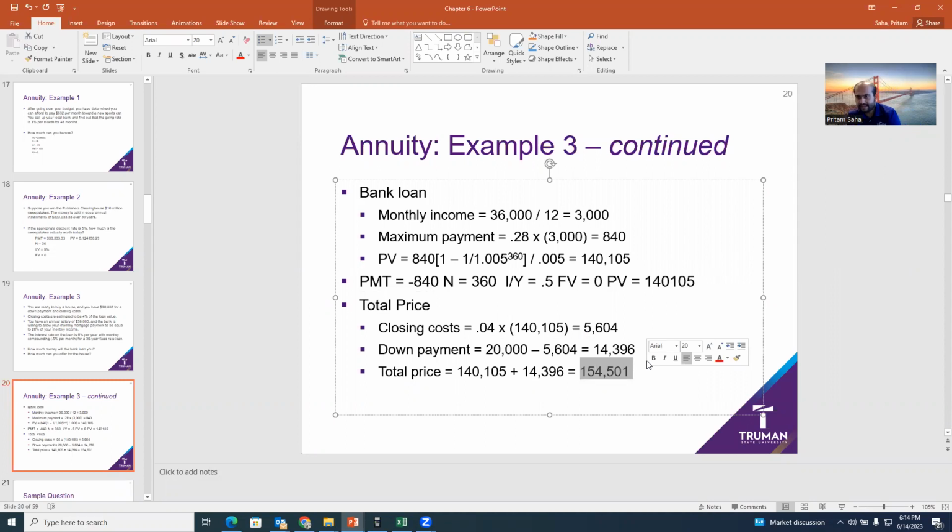So step by step: identify how much of my monthly income the bank allows for loan payment, which is 28%, or $840. With an $840 monthly payment, 0.5% monthly interest, and 360 payments, which is a 30-year loan, I can afford a loan of about 140,000. 4% of that is my closing cost. Deduct that from 20,000, add the remainder to the loan, and that's my total price. That's it.